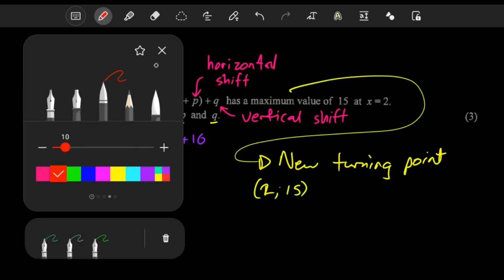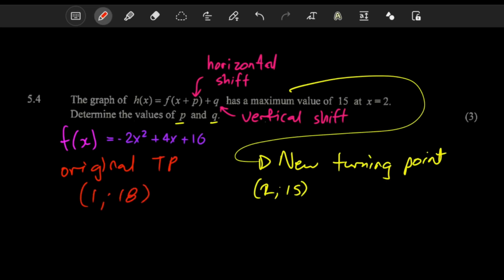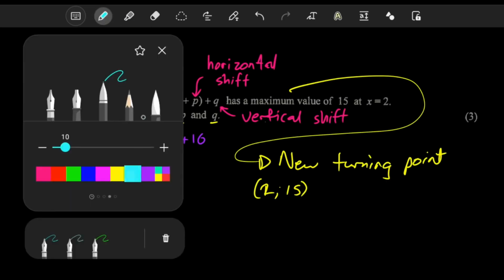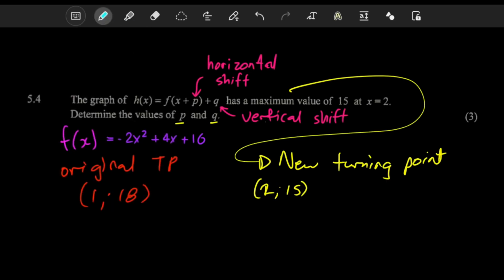If you compare it to the original one, all you want to do is compare your x values and then compare your y values, because you will see how many places from left to right it was moved, and how many places from top to bottom it was moved, because that's what p and q are representing. They're just representing shifts, and we'll be able to see those shifts if you just compare your turning points.